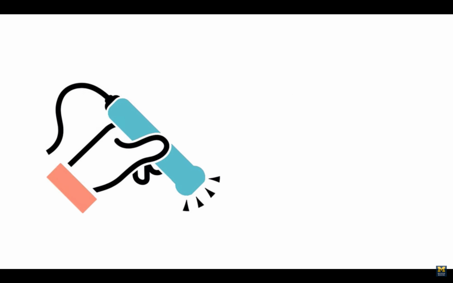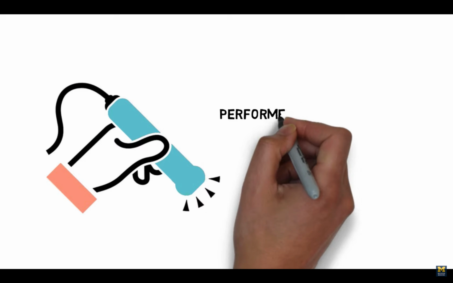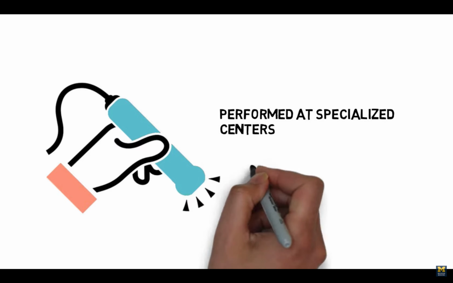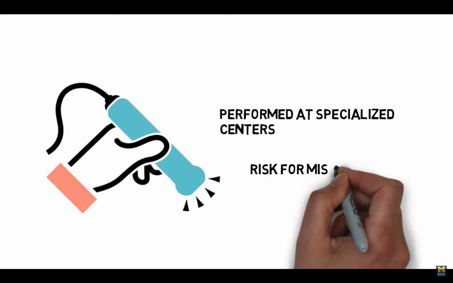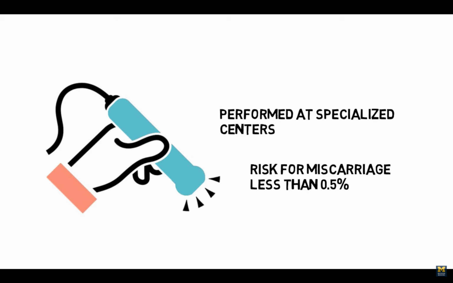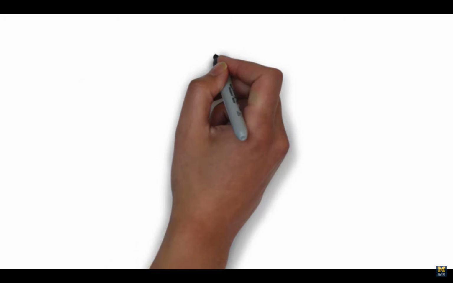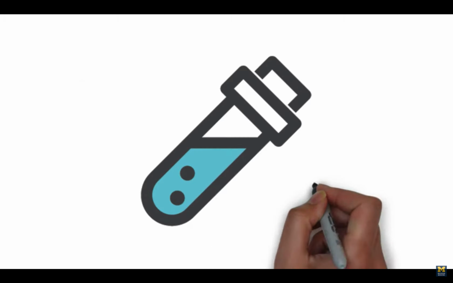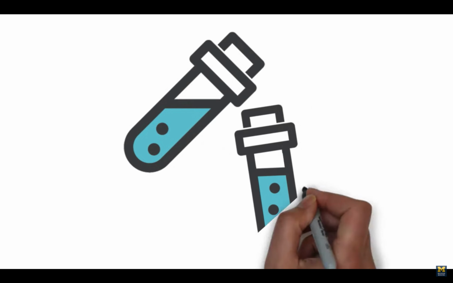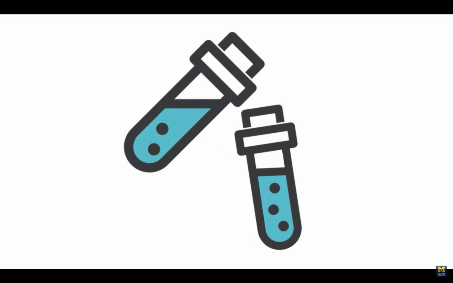These procedures are typically performed at specialized centers. Most women who have an invasive procedure have no complications. The risk for miscarriage when these procedures are performed by experienced providers is typically significantly less than 0.5%. Once the sample is collected, a number of different diagnostic tests can be performed. The type of testing performed depends on the reason a woman is having testing.